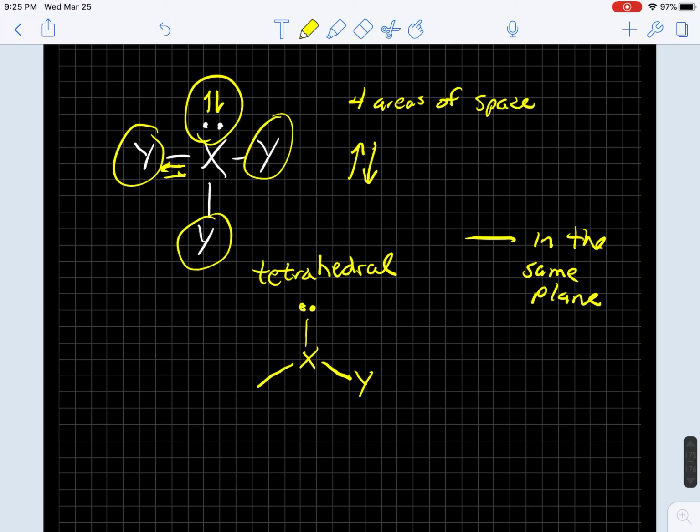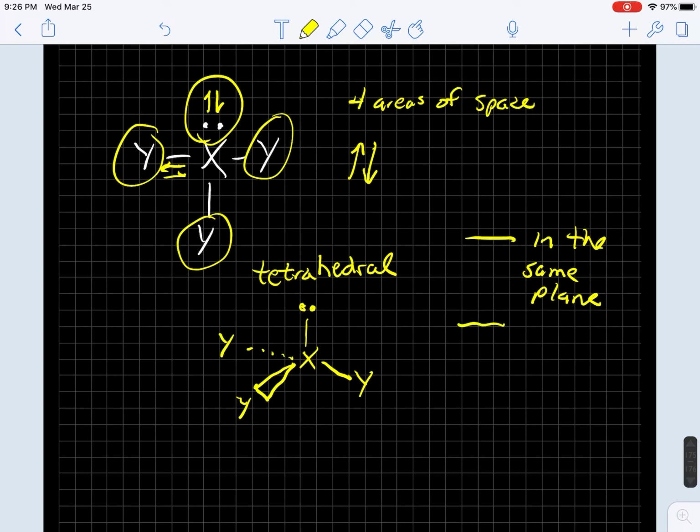And then this other atom would come out towards you, and this last atom would go away from you. So you would have one atom coming out towards you, one atom going away from you, and then 2 components that are in the same plane.